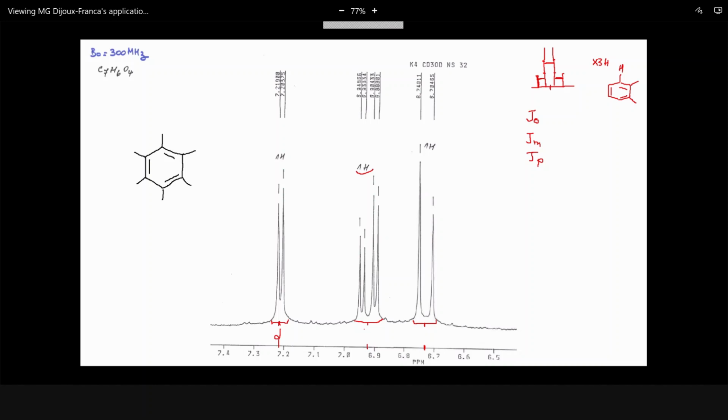As soon as the protons are at different distances, the coupling constant will be different. So here we have a double doublet. Remember? A double doublet means that we have a coupling with 2 different protons, and each of them has its own coupling constant.